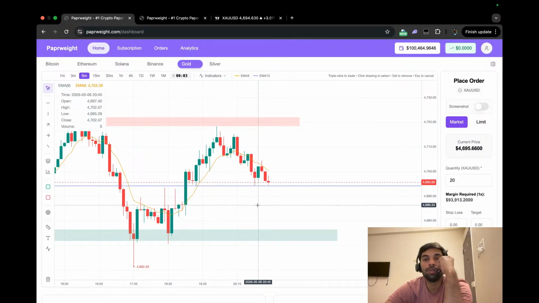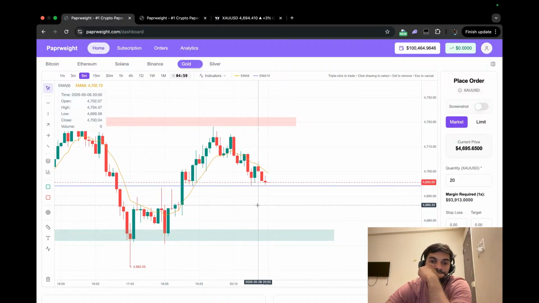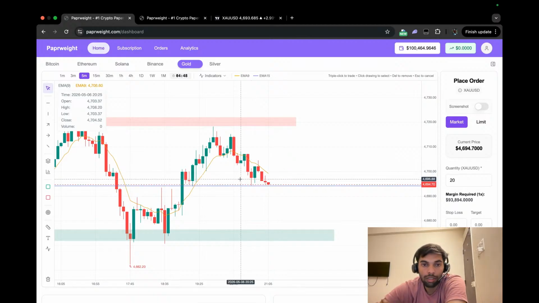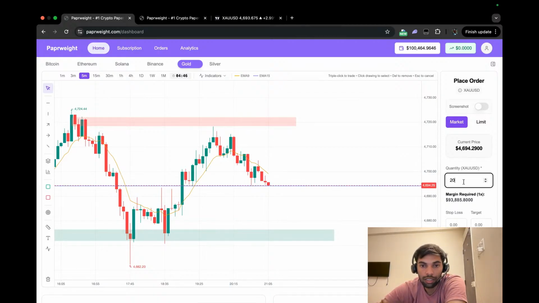This is a little bit dozy candle, which is quite uncertain. We might have a pullback as well. Don't know, because, yeah, let's see.